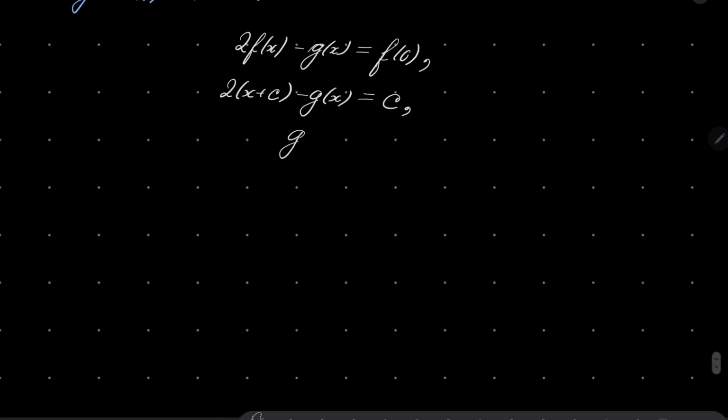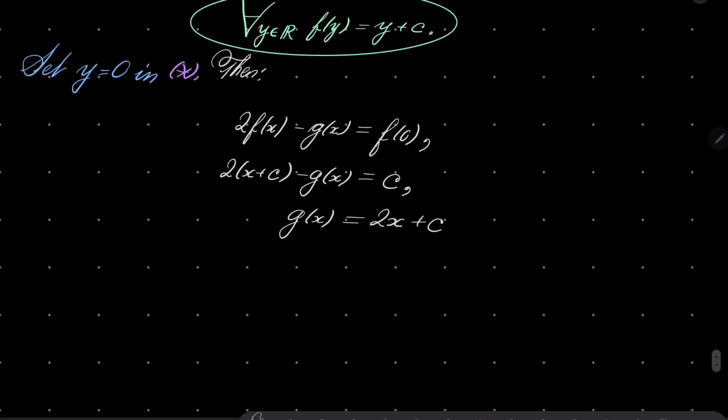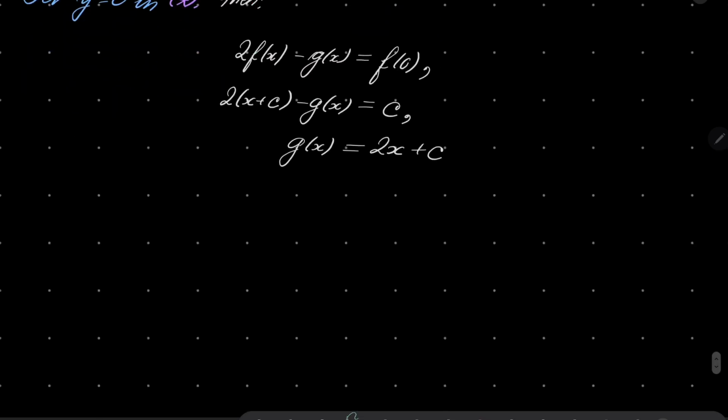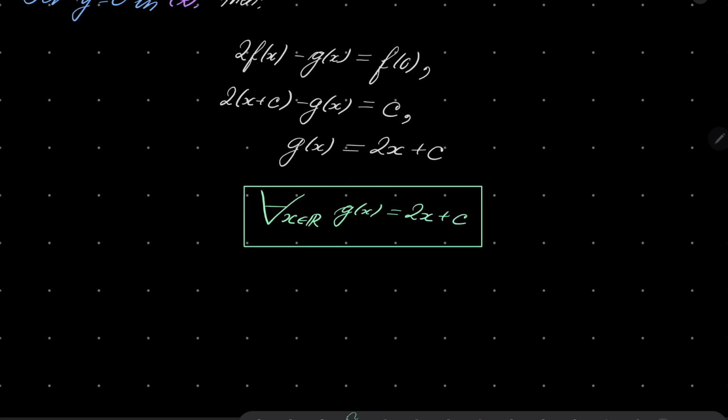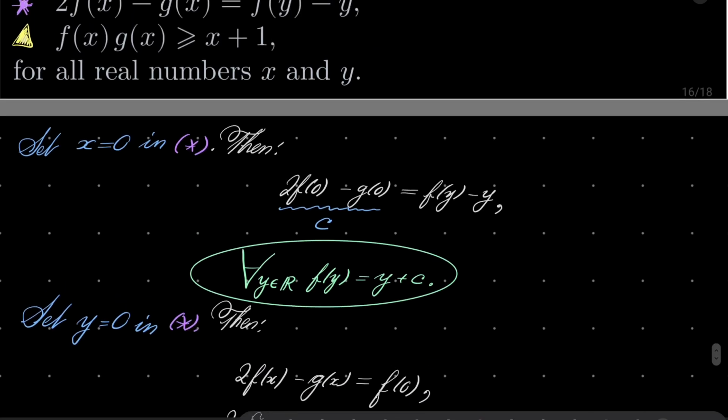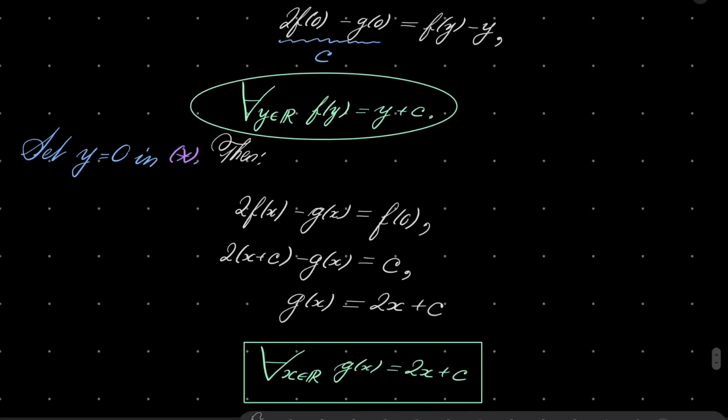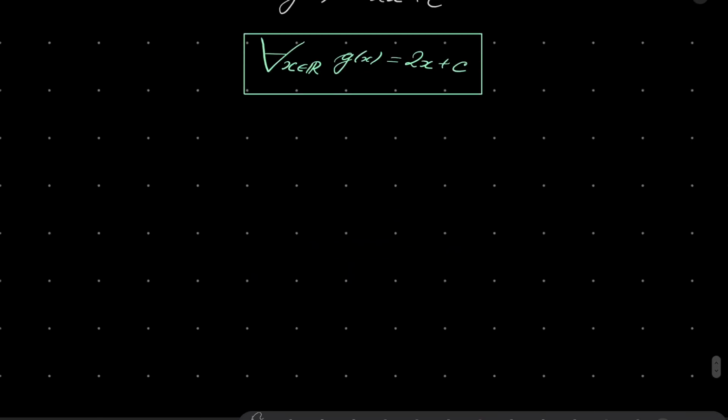So it's pretty easy to see that g(x) = 2x + c. So let's also write it: for every real number x, g(x) = 2x + c. So we have essentially solved our first equation. It's very easy to verify that these functions satisfy the first condition.